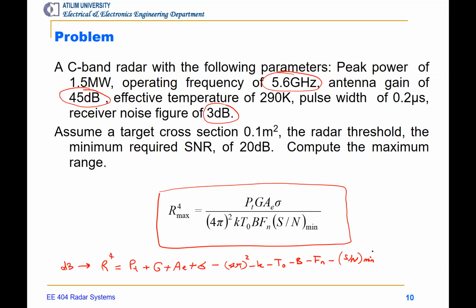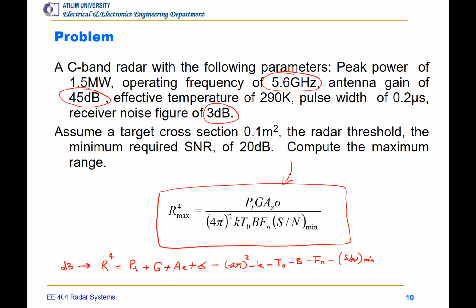Okay, this is one way to write it in dB. If you convert all parameters into dB, then you can use this equation. That's going to be summation and subtraction. Is that clear? And it may be easier in some cases. Or you can insert all these values into here.